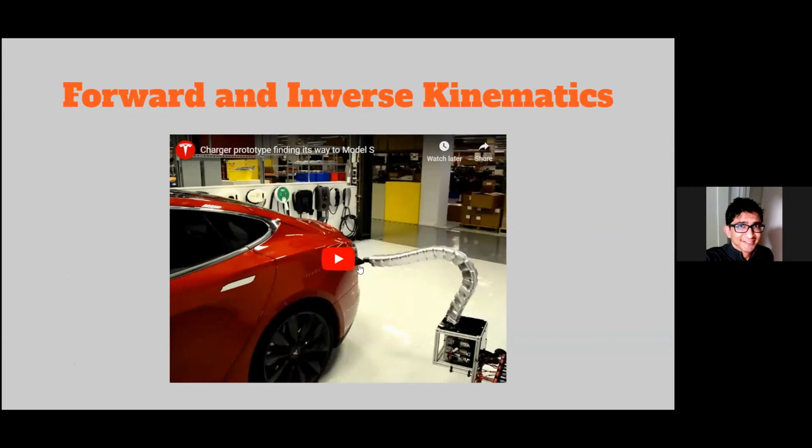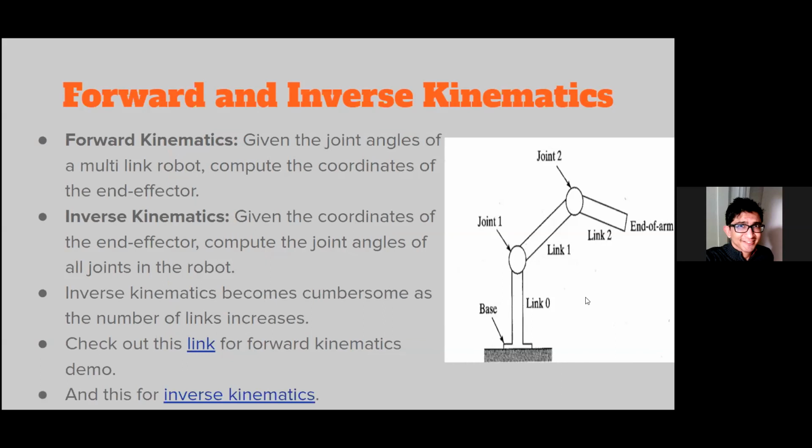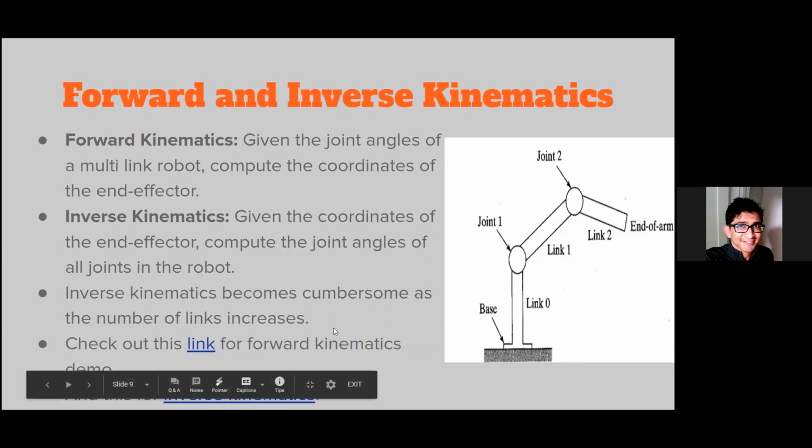Because you knew the final destination, you knew the x, y, in this case also z, coordinates of, say, the charger right here. What was the way to optimally arrange all these links in terms of their joint angles? So that is an example of an inverse kinematics problem. Obviously, the inverse kinematics problem is much more complicated than forward kinematics.